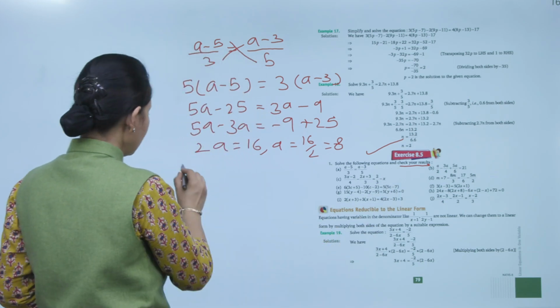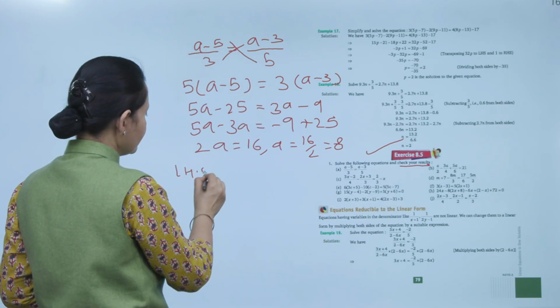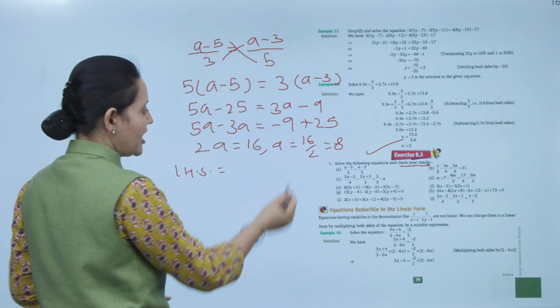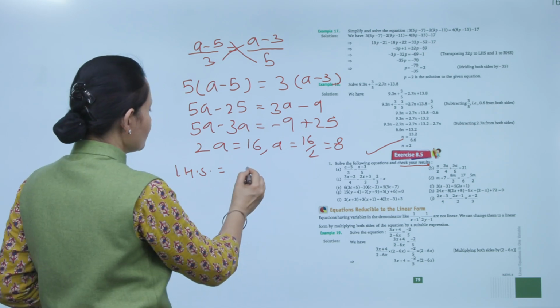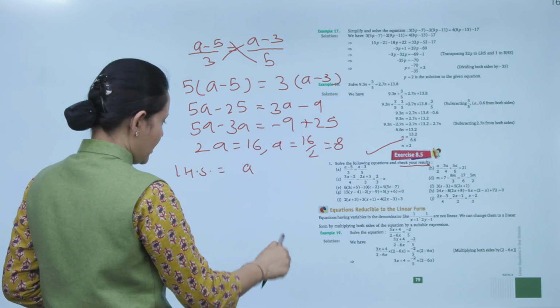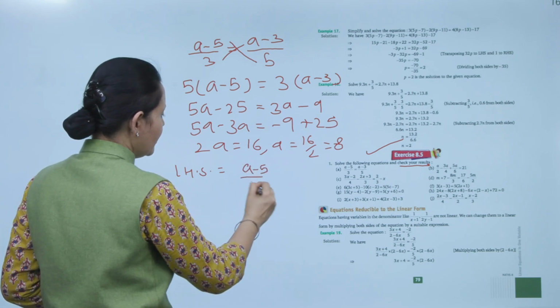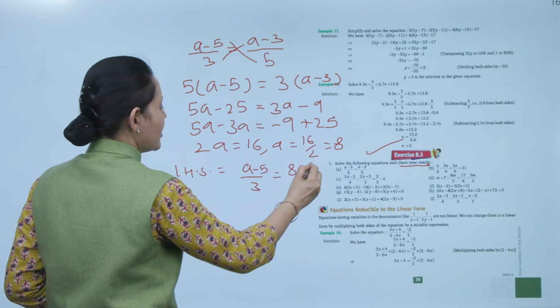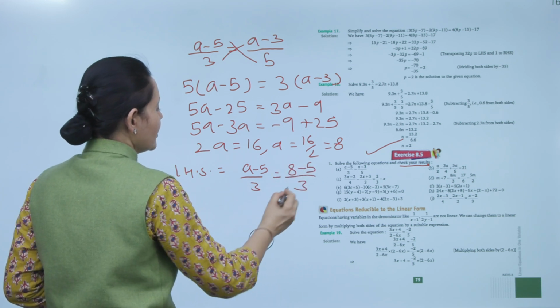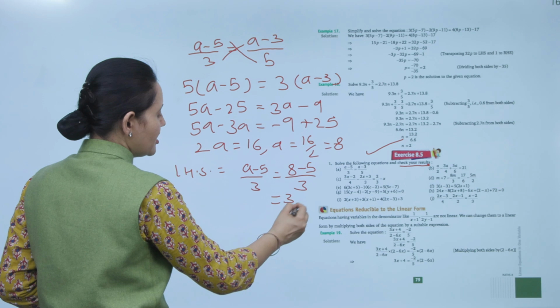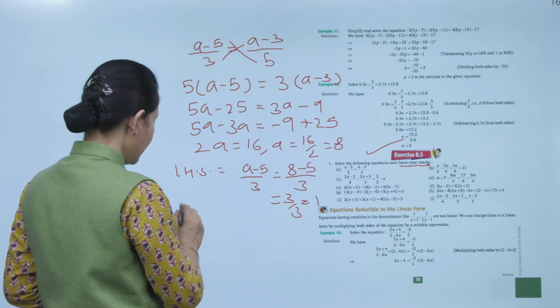So first, left hand side, that is equal to (a minus 5) upon 3. So a की जगह हम रख देंगे 8, so (8 minus 5) upon 3, that is equal to 3 upon 3, that is 1. Now right hand side.